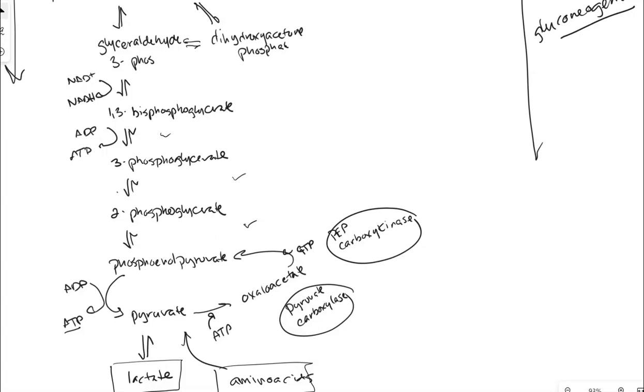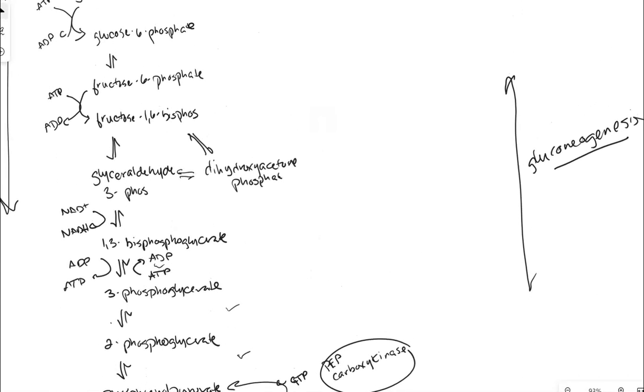So the difference here is that we do need that ATP to be consumed to go to 1,3-bisphosphoglycerate, because we need to donate the phosphate. And then we're just moving our way up the pathway. Everything's the same, stepwise. One important thing to add here is that we can actually supplement dihydroxyacetone phosphate with glycerol.